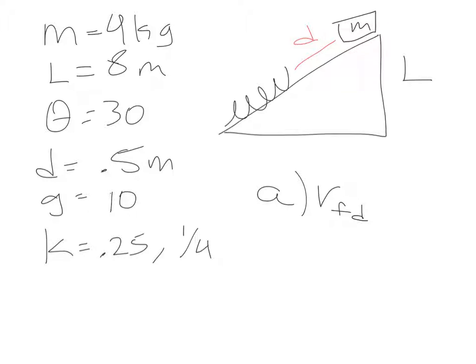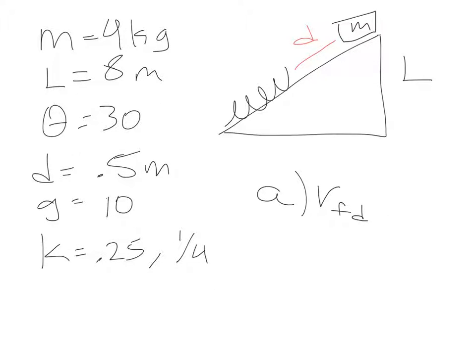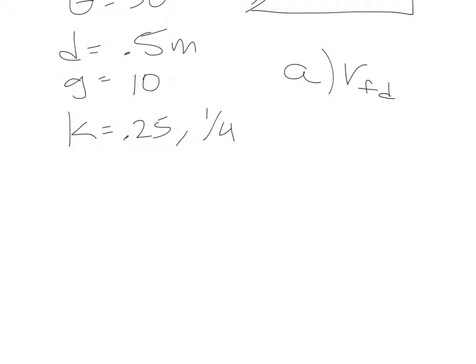Now, I saw how your professor was doing this, setting it equal to work and saying all work is equal to 0 because you're not adding any energy. I teach it a little bit differently. Okay, there we go, so this is what I do.